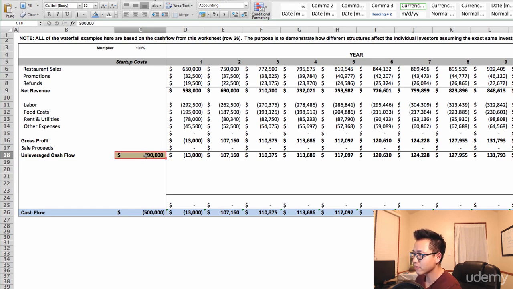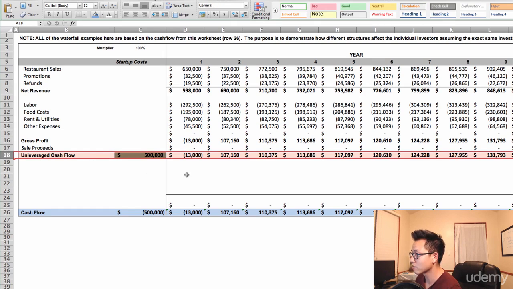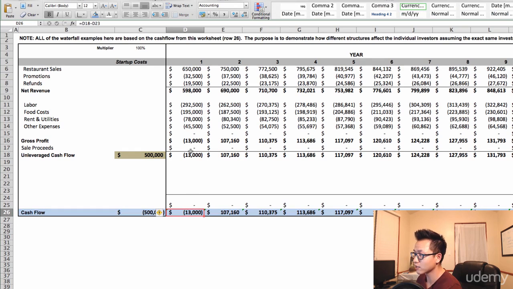What we normally have is if you're investing $500,000 into the startup costs, some of it's going to go towards equipment and will be depreciated. So right now, I'm going to assume that depreciation is lumped up in these expenses. Okay, so this gross profit here becomes the actual cash flow. All right, and then what I did here for row 26 is just to make this cash flow equal to that calculated cash flow. So $500,000 startup costs.